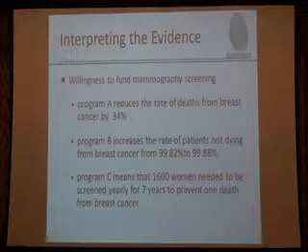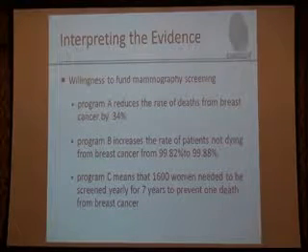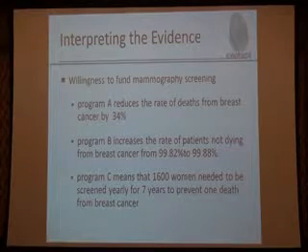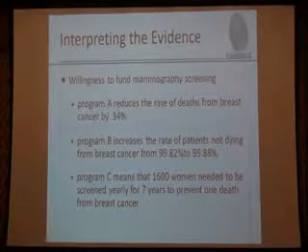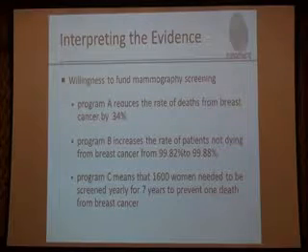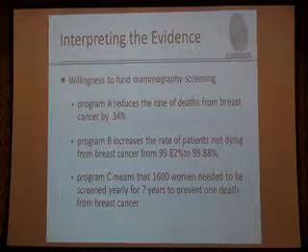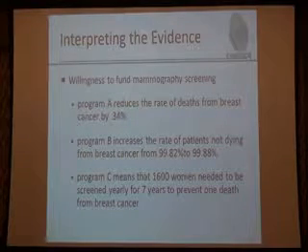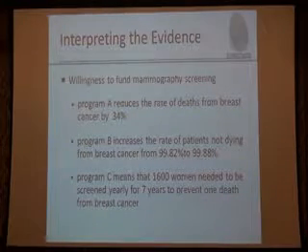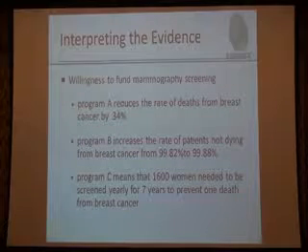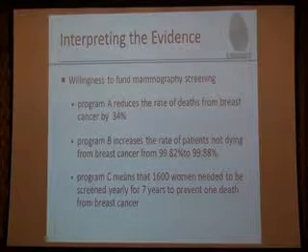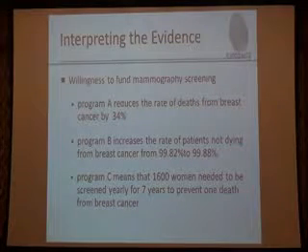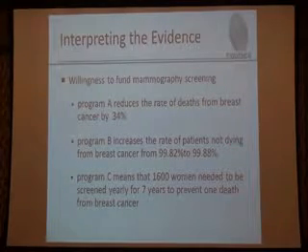And finally, Program C has evidence showing that if you screen 1,600 women every year for 7 years, you prevent 1 death from breast cancer. Now, I've done my job. I've presented you the evidence. You are the Ministry of Health, and you tell me which one you prefer.